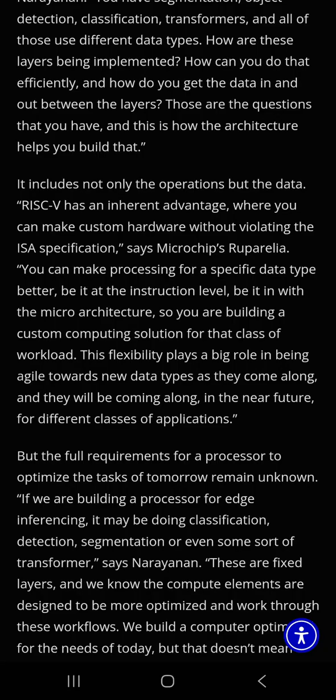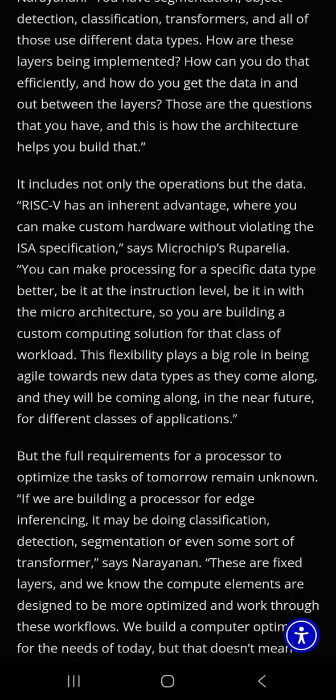RISC-V has an inherent advantage where you can make custom hardware without violating the ISA specification, said Ruparelia. You can make processing for a specific data type better, be it at the instruction level or in the microarchitecture.